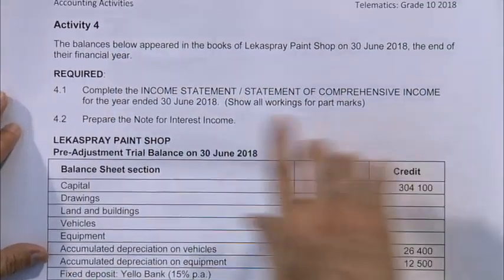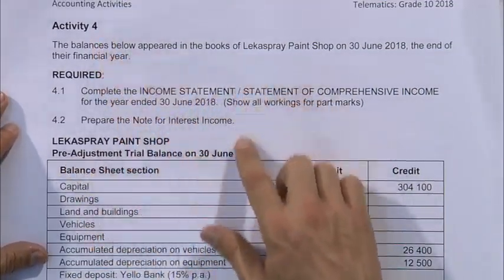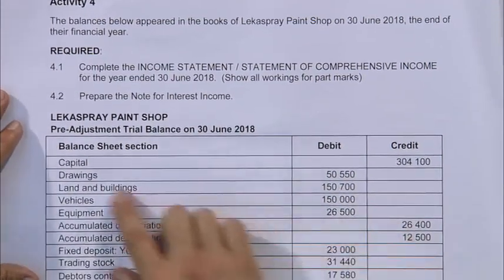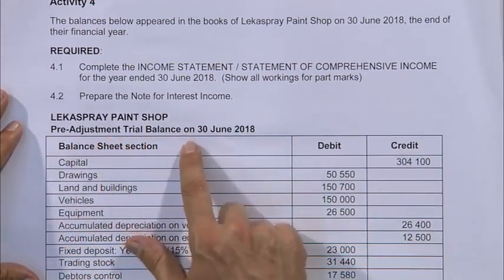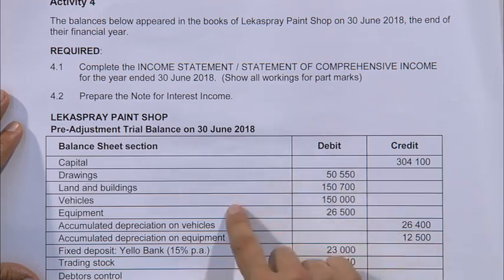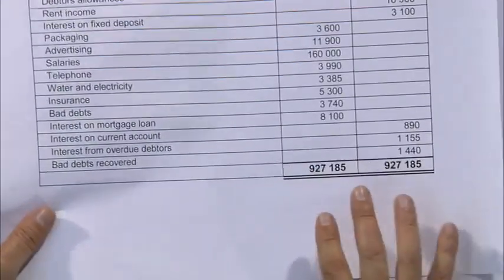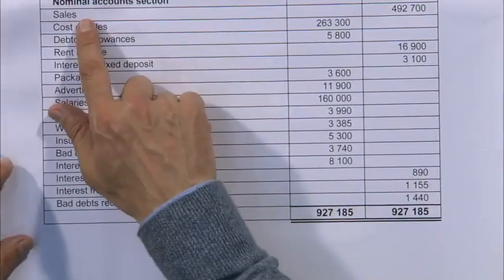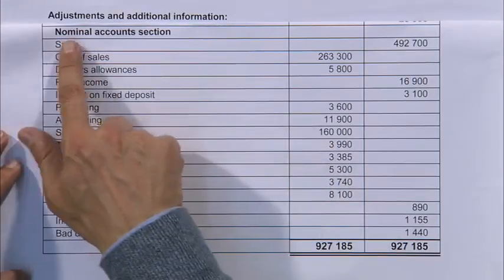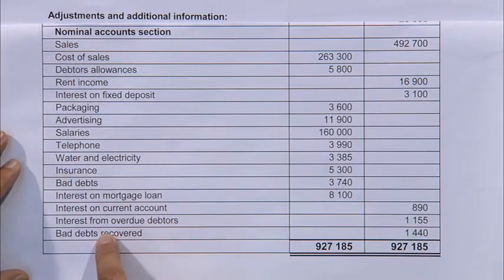So I need you to page to activity number 4 in your workbook. You'll see what they're giving you is a pre-adjusted trial balance, which means some of these figures are going to change because of the adjustments. On top you have your balance sheet section, and then you have your nominal account section.